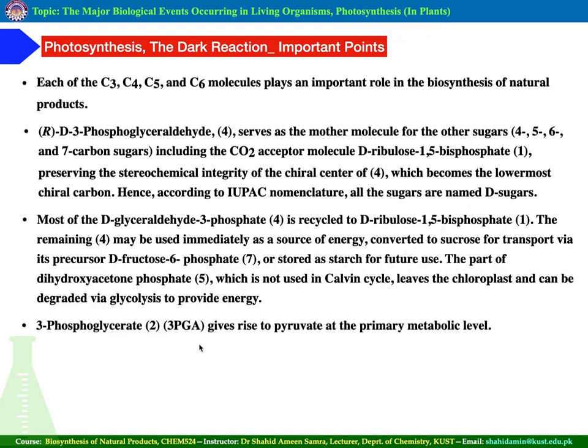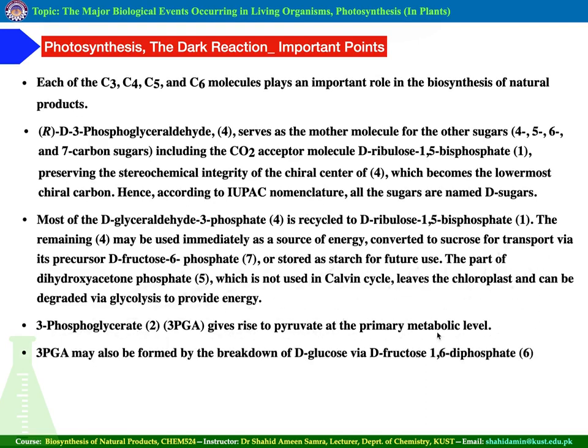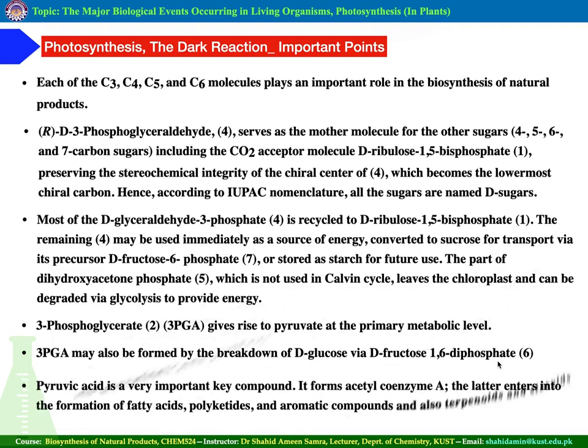3-phosphoglycerate was converted to phosphoglyceraldehyde by the reduction process, the second reaction of the second phase of the dark reaction. It gives rise to pyruvate at the primary metabolic level, that is during the glycolysis process. 3-phosphoglyceric acid or glycerate may also be formed by breakdown of D-glucose via D-fructose 1,6-diphosphate, that is the general glycolysis process.